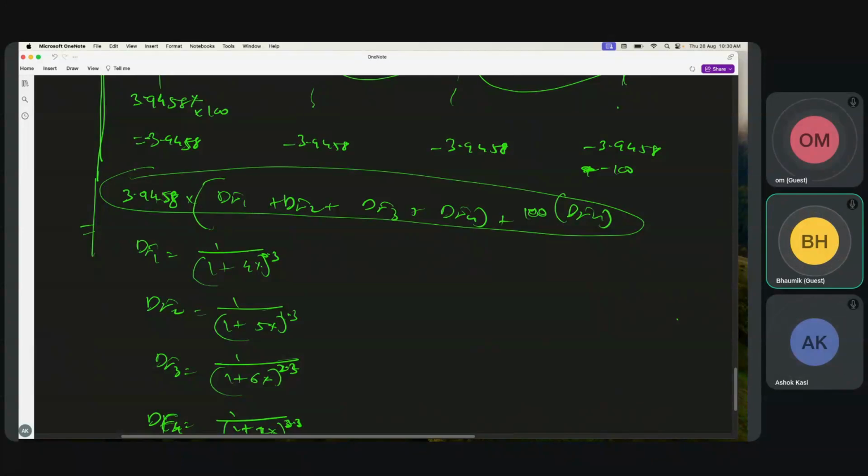So 5.5. I calculated everything. The rate is 5.5. This is the net you are calculating, the swap rate for USD. Should I tell you the PV factors? Yeah, you just tell me this amount.